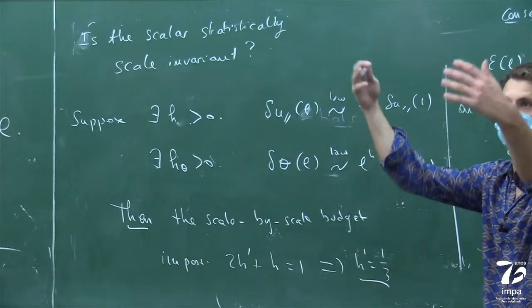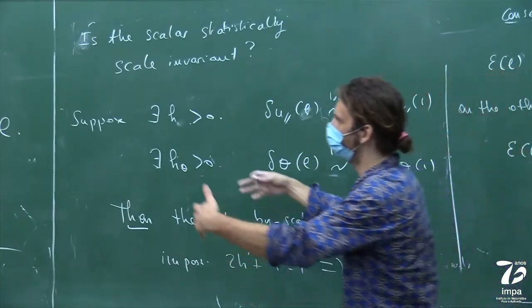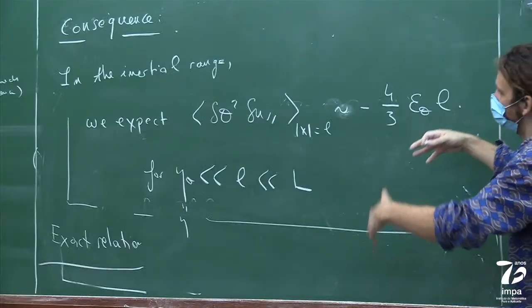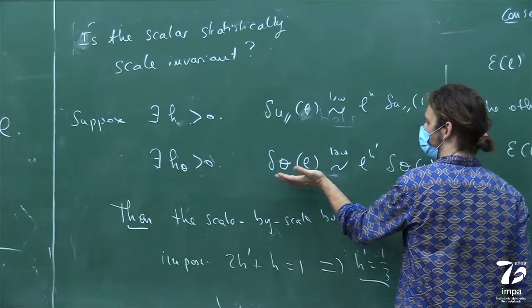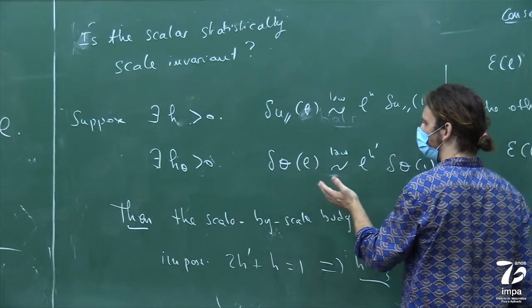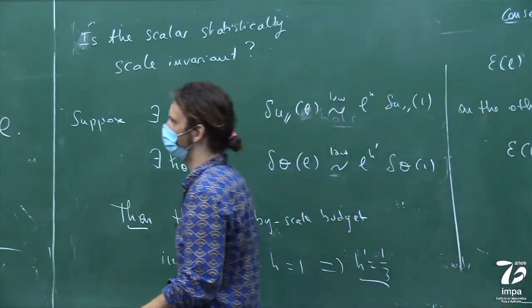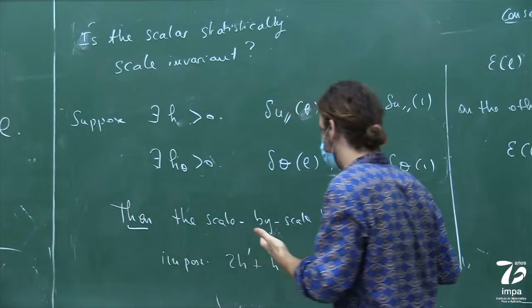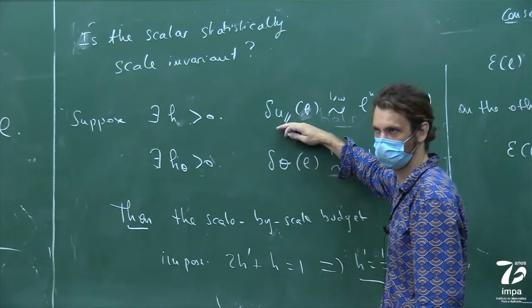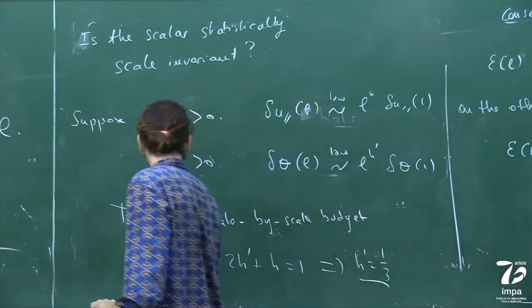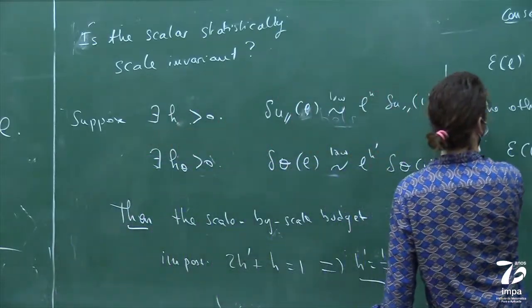Okay? So if we have monofactorial scaling, so if Kolmogorov theory applies, and we also assume that there is a single exponent describing the statistics of the scalar, then this exponent has to be the same for the scalar and for the velocity field.